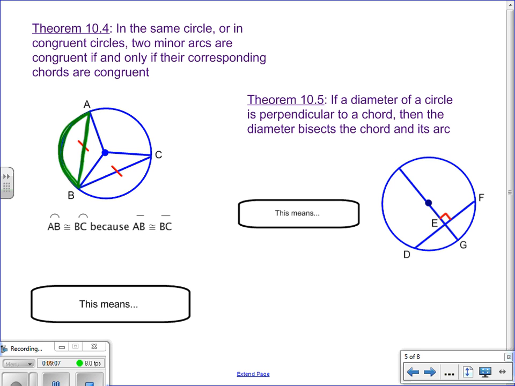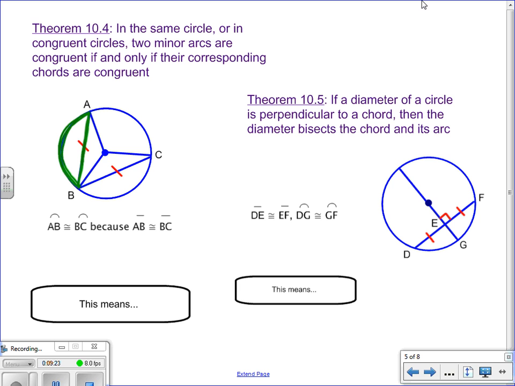Okay, so then the diameter is the one that's running through E and G, or through the center. That's bisecting chord DF. So because we know that, we're going to mark DE and EF congruent along with their corresponding arcs. DG, so I'm going to put this in a different color, DG and GF.